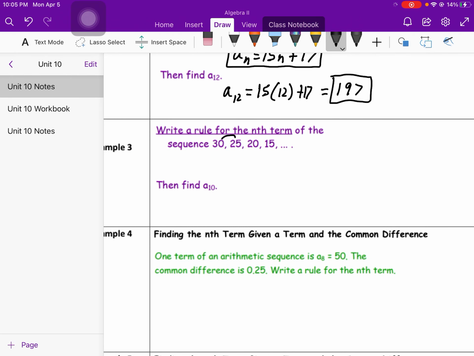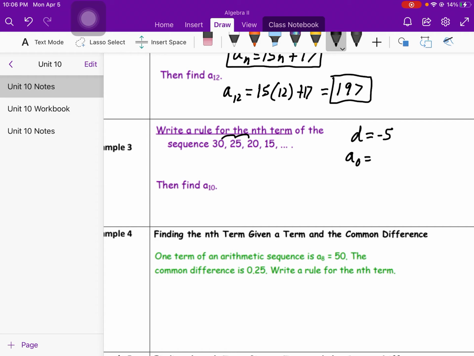Similar for this next one, but notice we're going down. When you're going down, that's going to tell you that you're probably adding a negative as your common rate, or your common difference, excuse me. So this one, I'm going to start by thinking about the common difference, and it's going down by 5. So it's going to be negative 5 as our value.